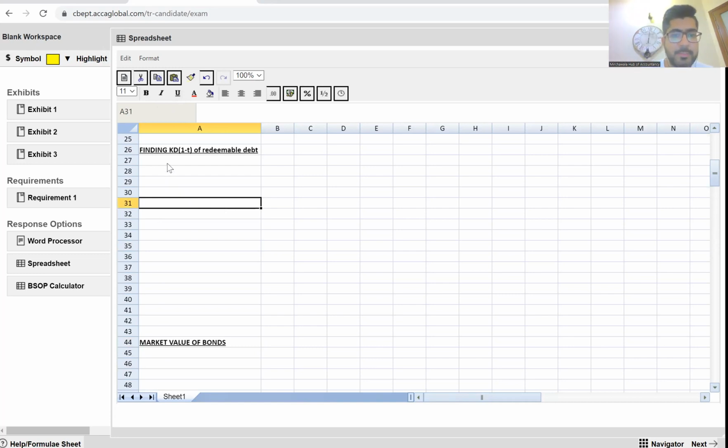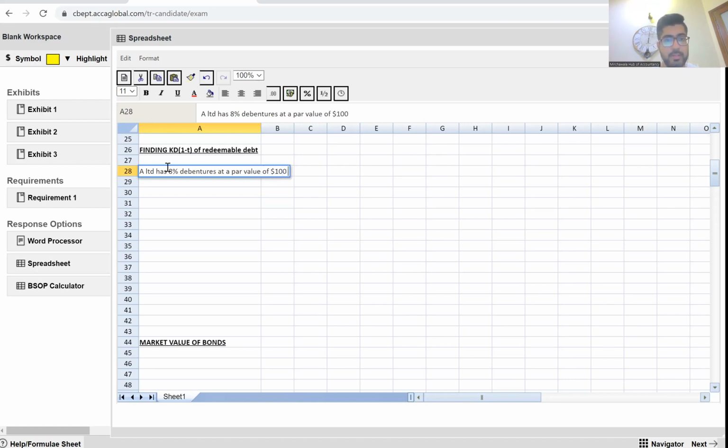Now you have seen multiple instances in the WACC topic, weighted average cost of capital, that says A Limited has 8% debentures at a par value of $100 and market value of $105.